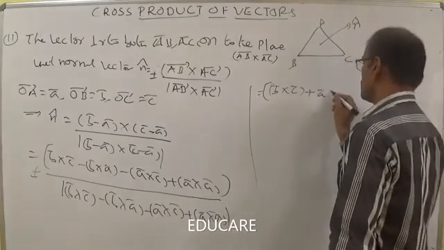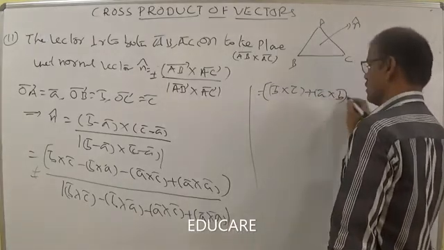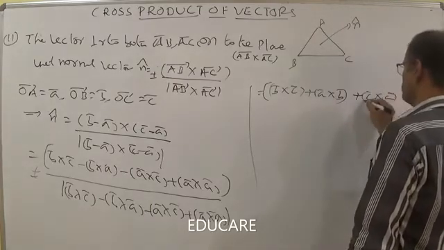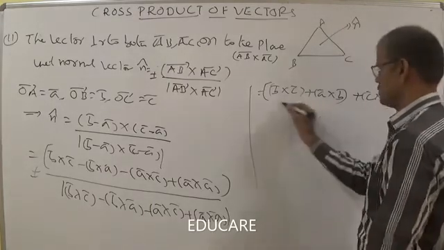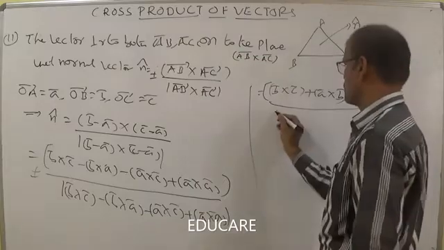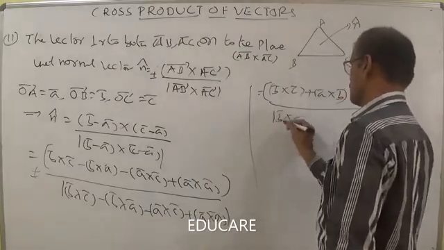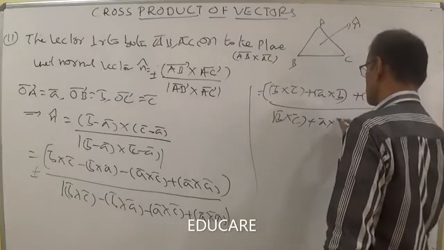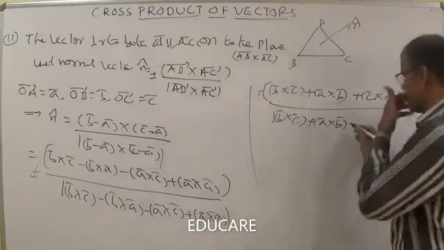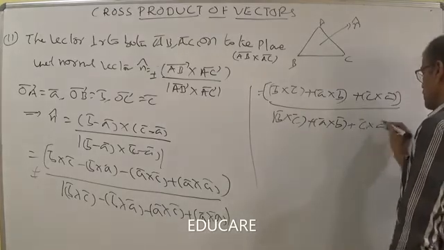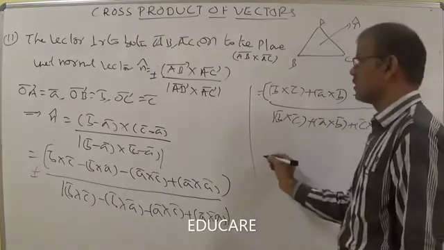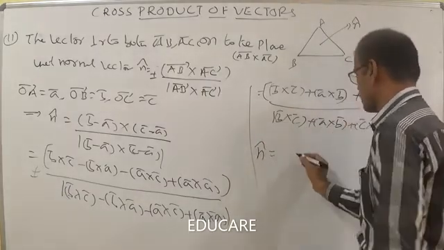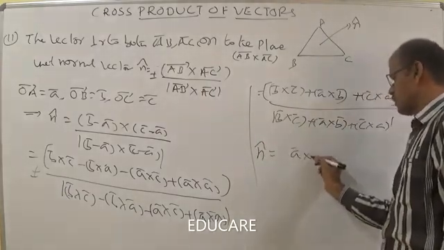Here you can write A cross B and here C cross A. A cross A is 0. In the same way you can write B cross C plus A cross B plus C cross A, and the modulus of that total. That can be written as the perpendicular unit normal vector n cap.